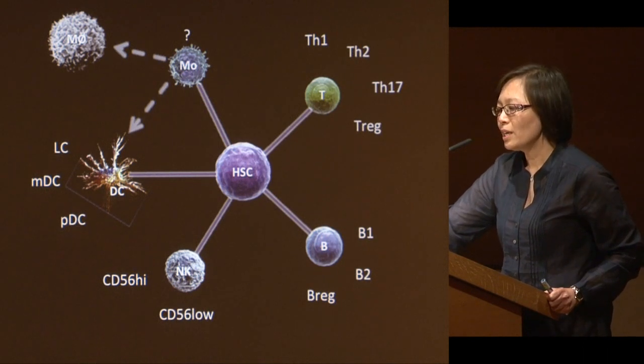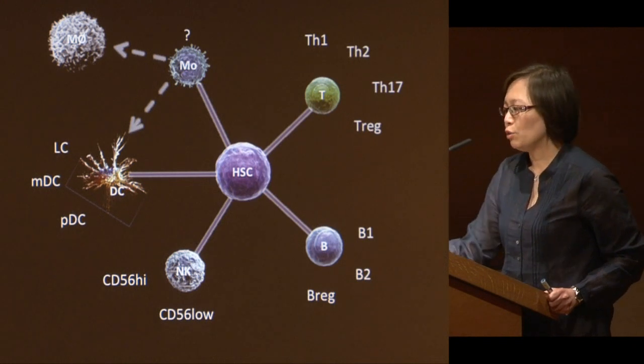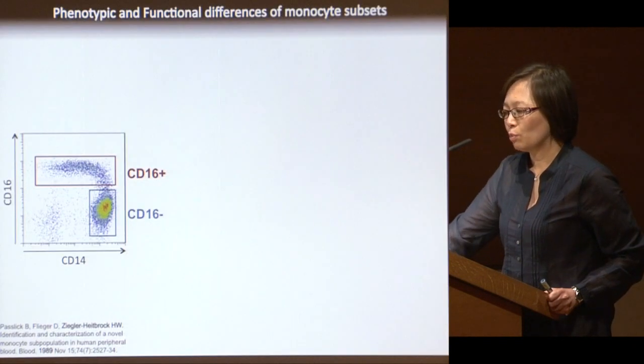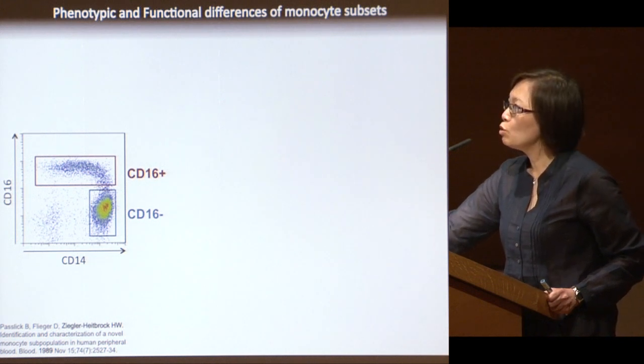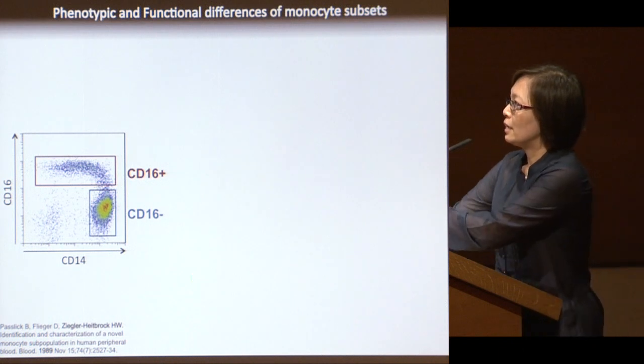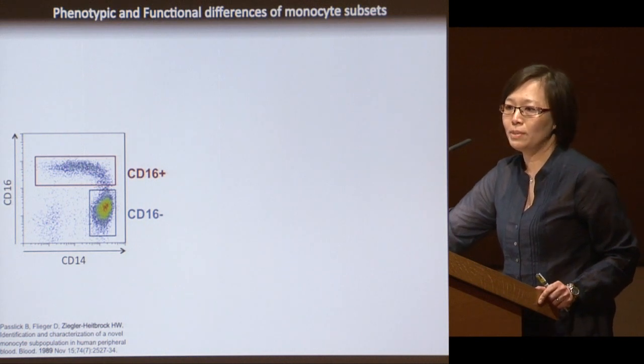And for monocytes, it's also not surprising that they are not homogeneous in the blood. They are also heterogeneous, and this was first described by Ziegler-Heidbrock in 1989, where he used two markers on the surface of monocytes, CD14 and CD16, to broadly divide these monocytes into two subsets.